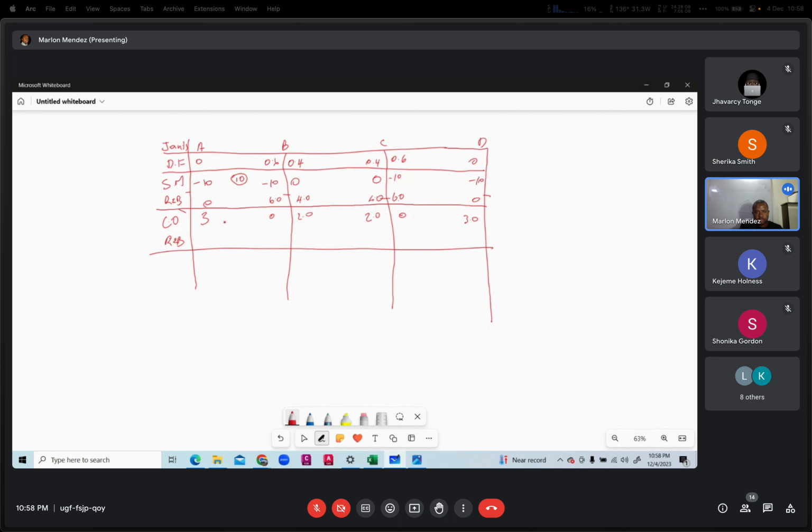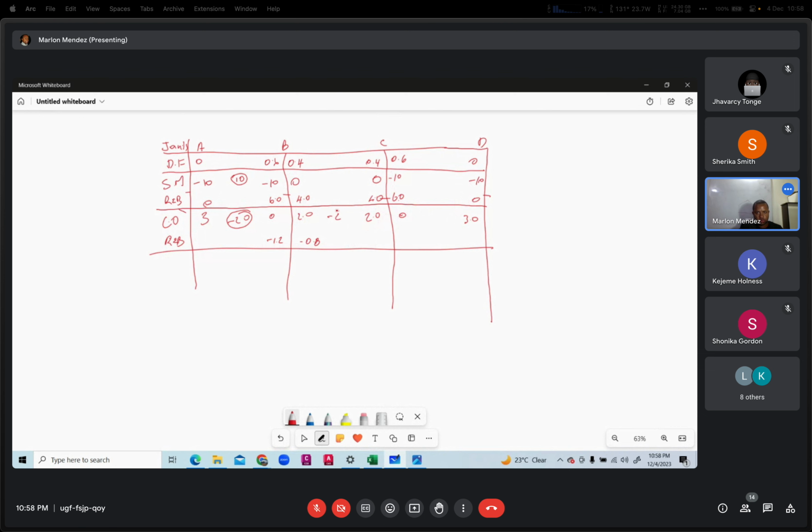So this becomes minus 2. So you multiply this factor, right? This now becomes what? Minus 1.2. This becomes minus 1.8. This becomes, what is this?